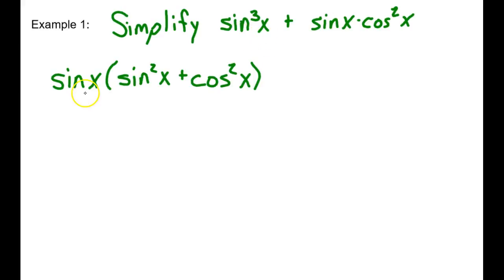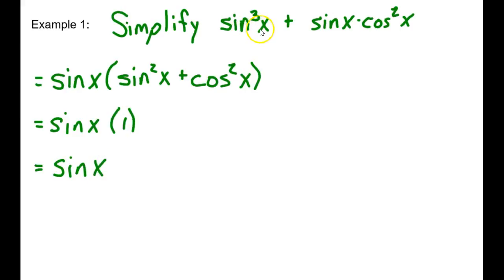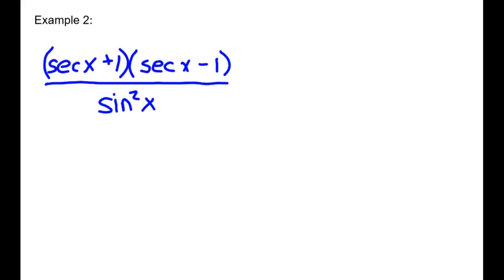If we factor sine x out in front, we'd be left with sine x times sine squared x plus cosine squared x, and what's in the parentheses is our Pythagorean identity. So we have sine x times 1, which simplifies down to sine x. We took that fairly complex expression and used trig identities to rewrite it as just sine x.